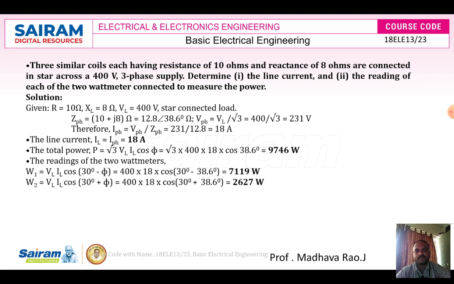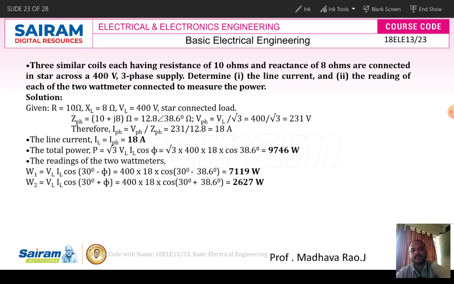Line current. First you write the given data: R value, XL value, V value, and find ZPH. ZPH is about 12.8 at an angle of 38.6 degrees. In star connection, VL is equal to root 3 into VPH, so phase voltage is VL by root 3.